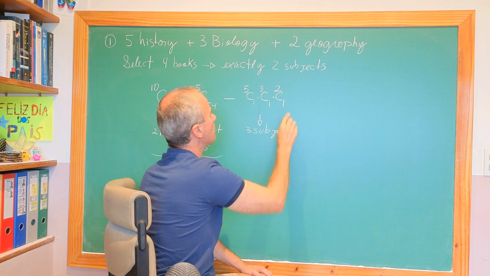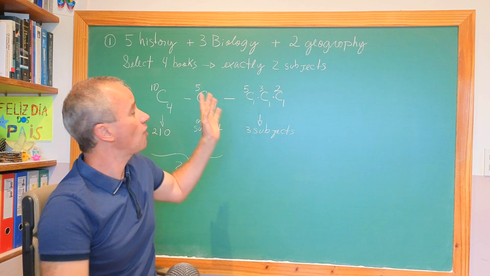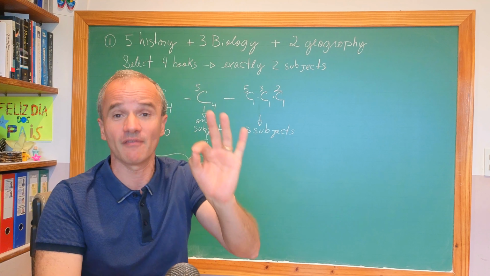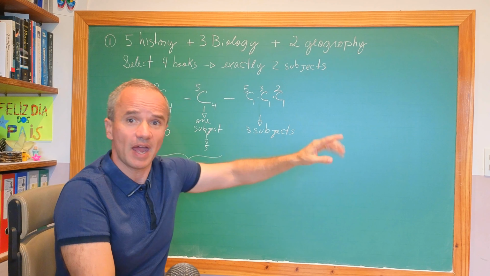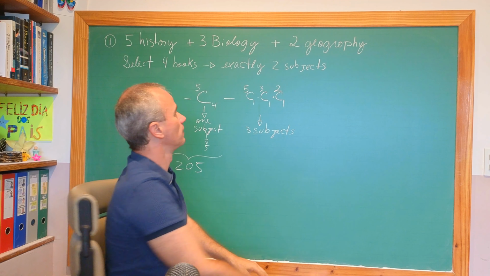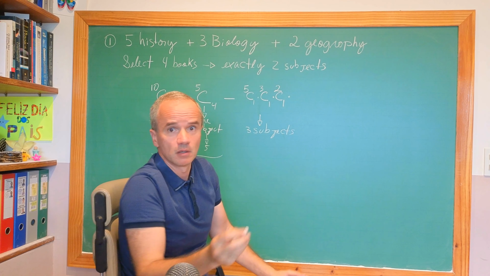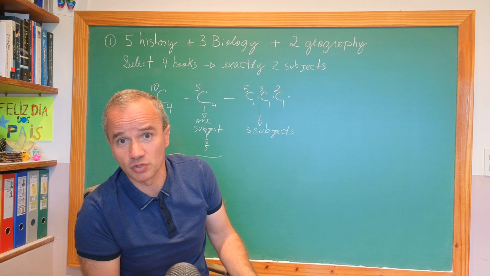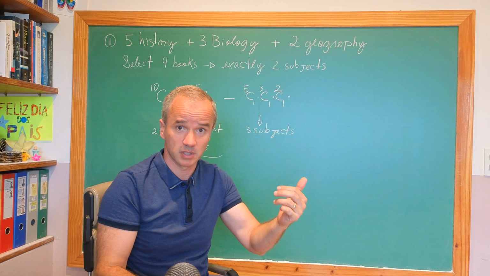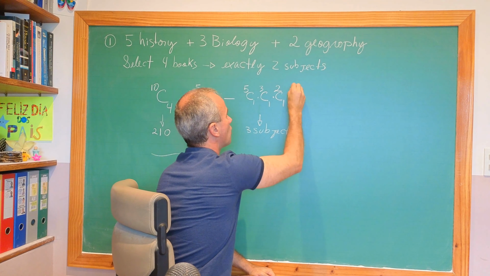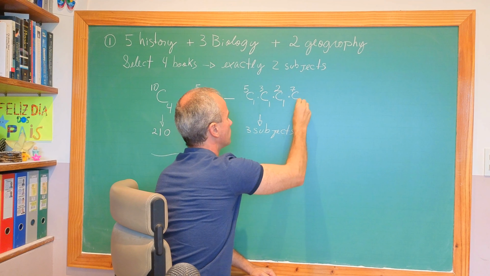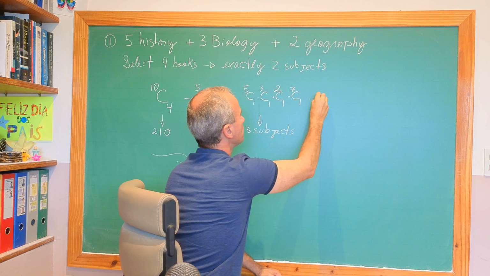So I'm picking up only 1 book of each topic to make sure that I have 3 topics. All right, 3 subjects. But now I have to pick up my 4th book. Well, what is left? Anything. How many books do I have to choose from? 7. I had 10 books. I chose 3, 7 to go. So from those 7, choose 1. All right? Okay.